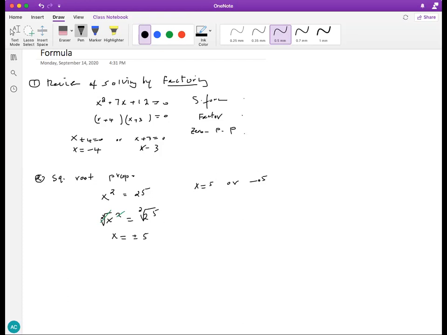The reason is that if you square either one of them, you get 25. So whenever you cancel a square root or an even power, every time you cancel an even power, you always have to use the plus or minus.